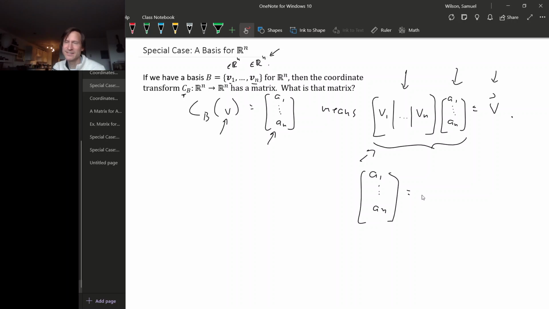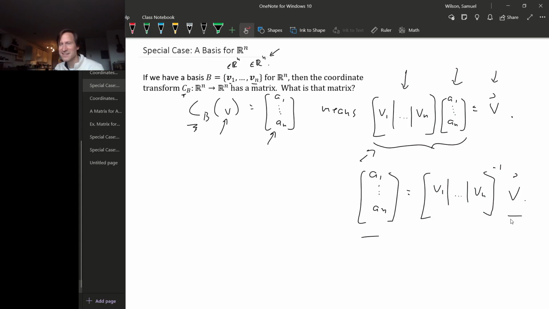So if we multiply both sides on the left by the inverse of this matrix, on the left the inverse times this matrix is the identity, so it's gone, and we are just left with the coordinates. On the right, we get the inverse of this matrix times v. On the one hand, sending v to its coordinates is the coordinate transformation.